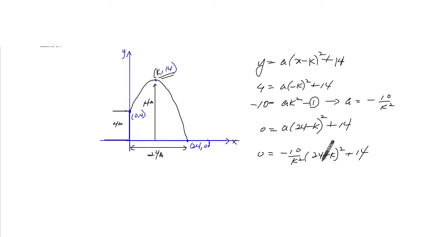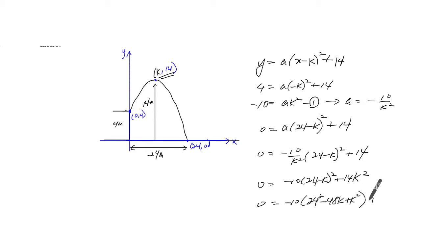Let's multiply through by k squared. So 0 equals (24 minus k) squared, and this turns into a minus 10. Now we have a quadratic equation only in k. Let's expand this. You get 24 squared minus 48k plus k squared.